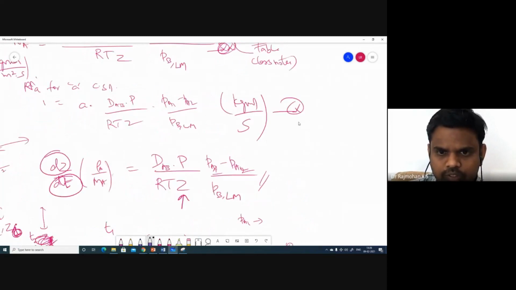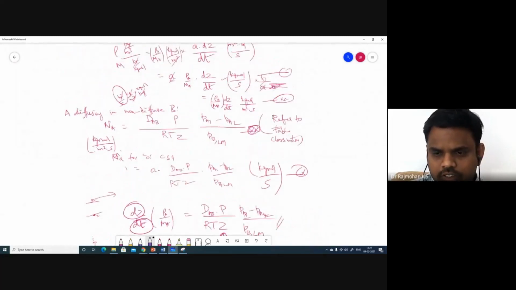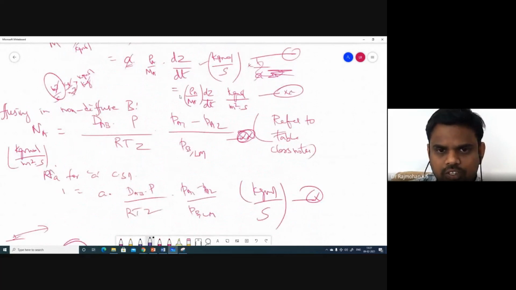I told you to make use of the cross section area value. If cross section area is A, so this equation is there. In the derivation we have seen the rate of evaporation is equal to this, and that should be equal to right hand side flux equation. So this is equal to this. Understood?